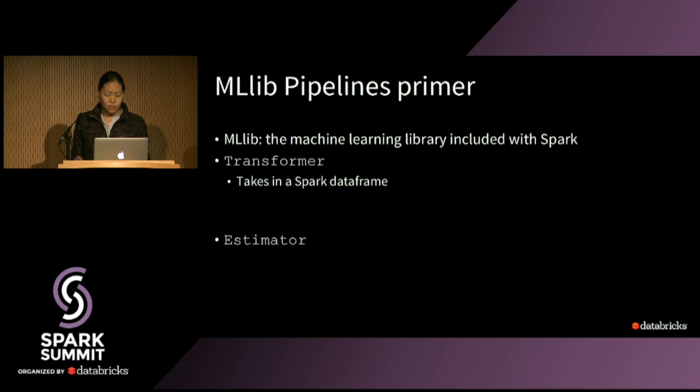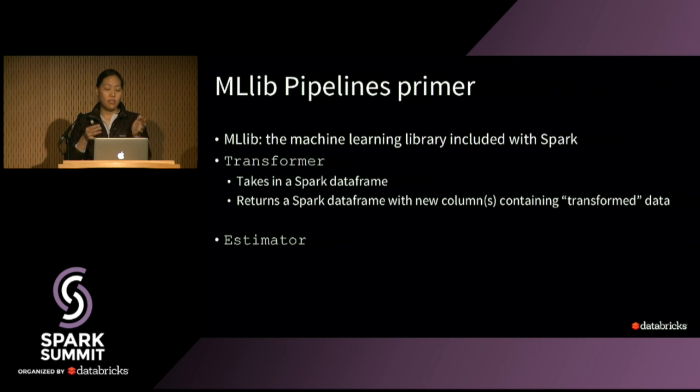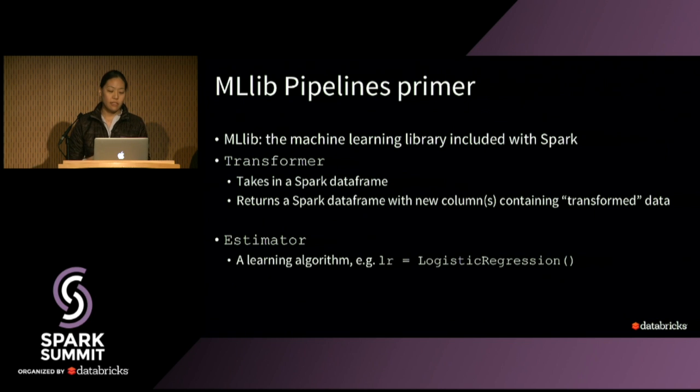So a transformer takes in a Spark data frame and then returns another Spark data frame with the original columns plus new columns that contain the transformed data with the computation that this transformer is supposed to do. Estimator, on the other hand, is like a learning algorithm. For example, logistic regression is an estimator. And these objects implement the fit function, which produces a model.